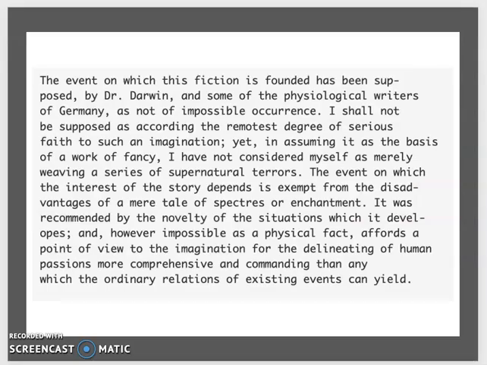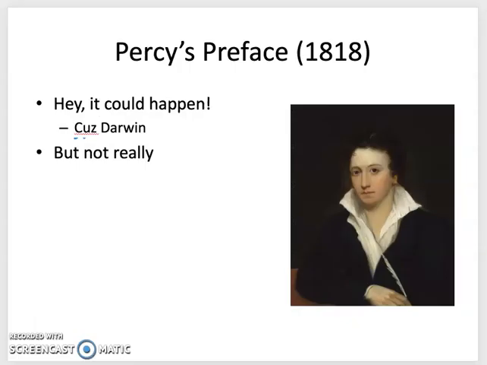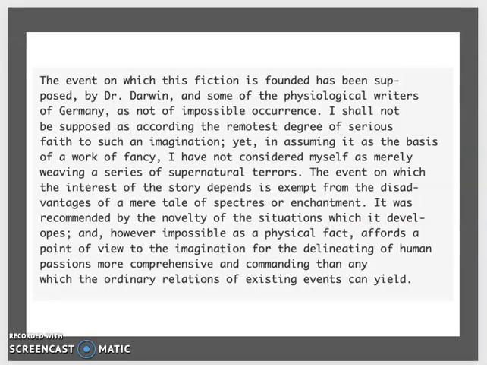So just read this first paragraph with me. He says, "The event on which this fiction is founded has been supposed by Dr. Darwin and some of the physiological writers of Germany as not of impossible occurrence." So, hey, it could happen, but then he goes on quickly to say, but not really. Second sentence: "I shall not be supposed as according the remotest degree of serious faith to such an imagination."